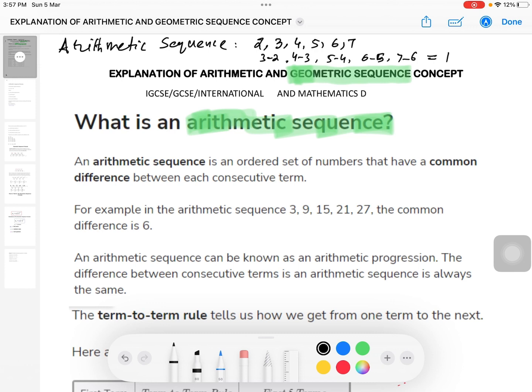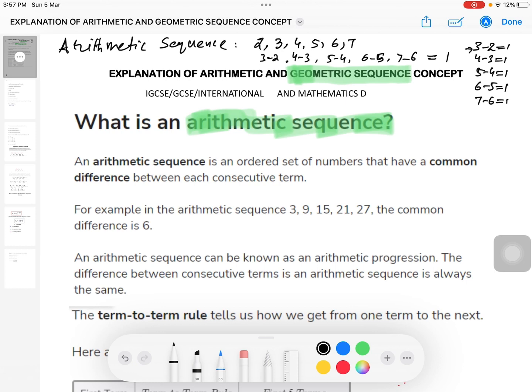The answer is 1. So it means this is common. This is a common difference. The same difference is coming: 3 minus 2 is 1, 4 minus 3 is 1, 5 minus 4 is 1, 6 minus 5 is 1, 7 minus 6 is 1.